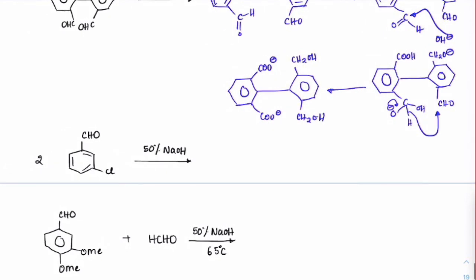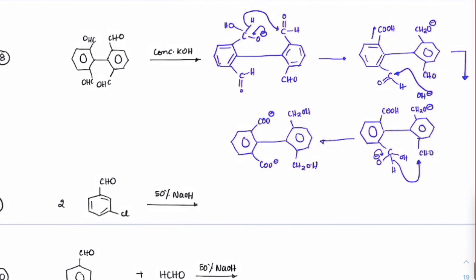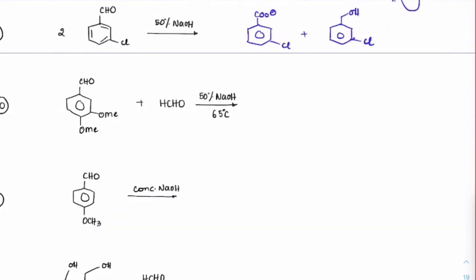Next case is a straightforward case. There is no issue here. Even if there is any chlorine, that is not going to create any disturbance. So we'll have CO minus here with Cl, plus CH2OH here with Cl. So that will be the major product. Let's see the next one.